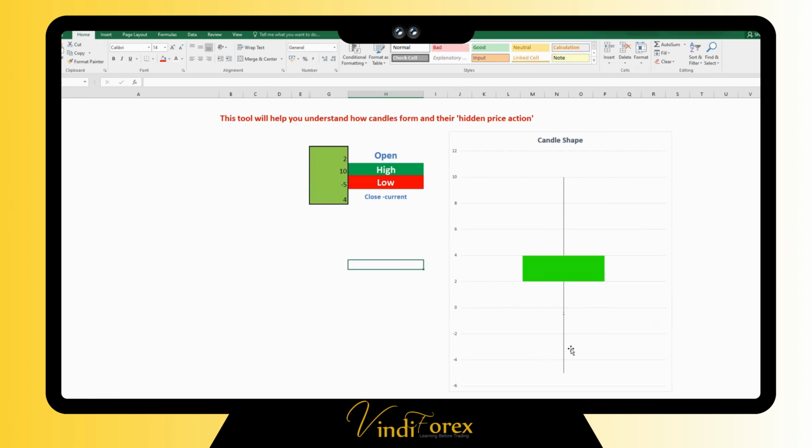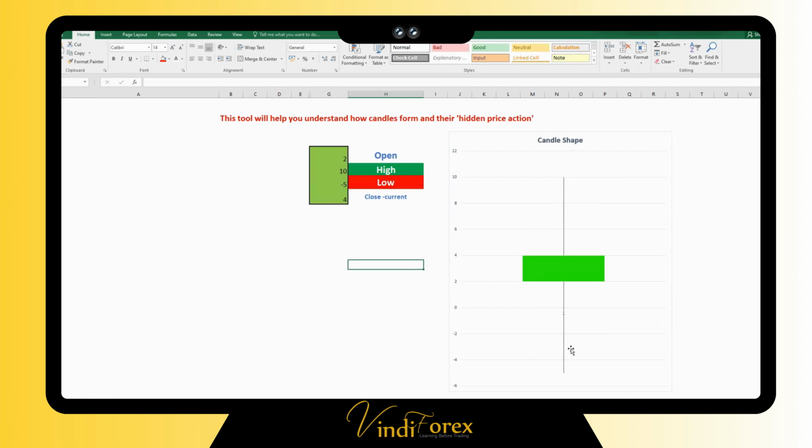In this case, body is equal to wick. It's also an indecisive candle, with sellers inside. But I wouldn't use this to say, yeah, the sellers are very strong. I wouldn't use this candle, because the size of the wick and the size of the body are equal.